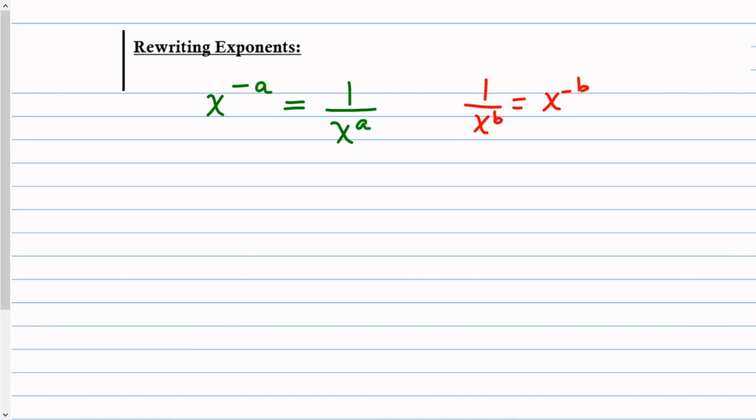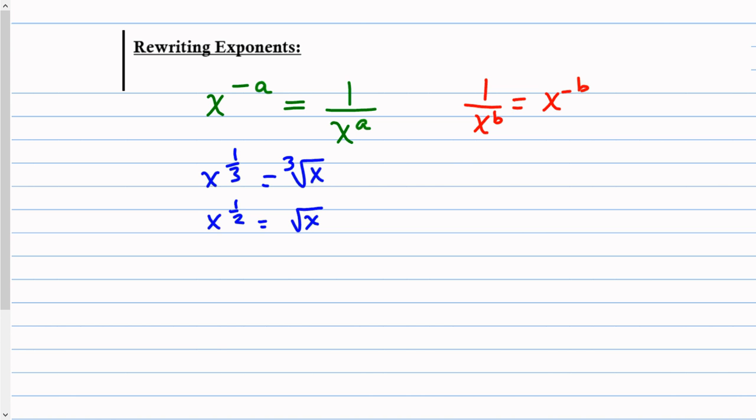Also, the roots. So I have, let's say, x to the 1/3. That means the cube root of x. And then x to the 1/2 means the square root of x.